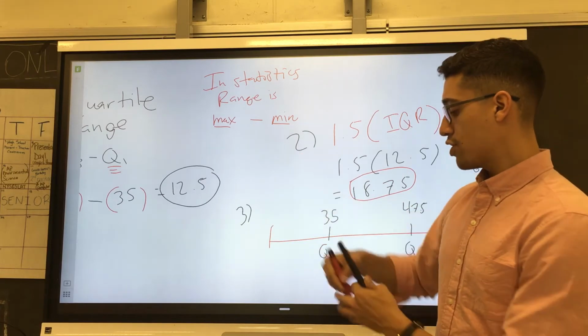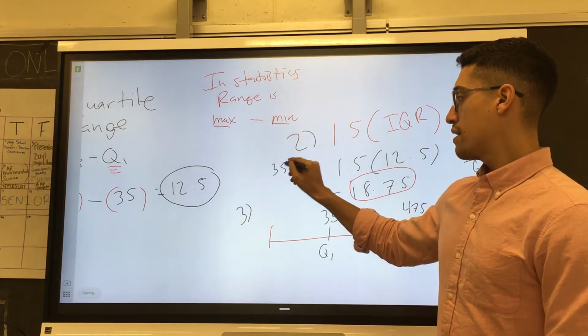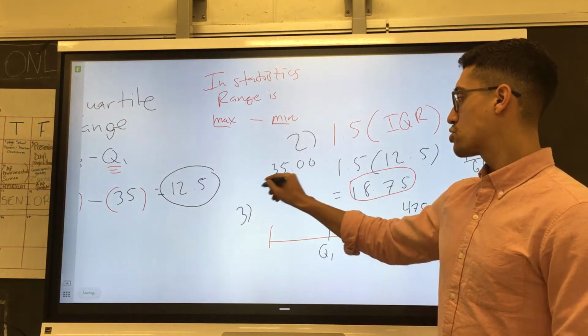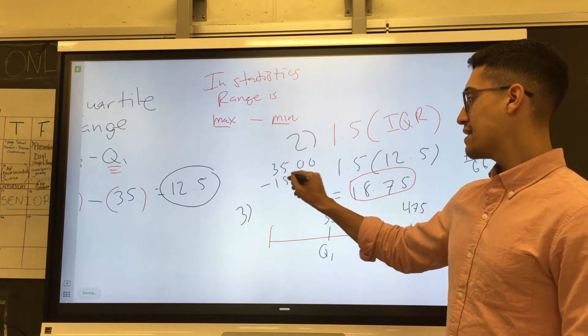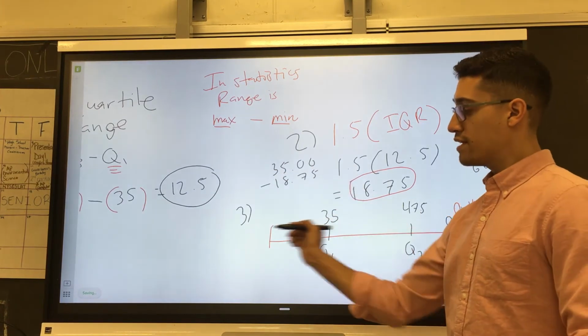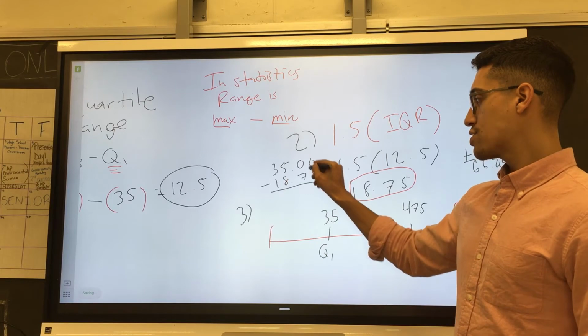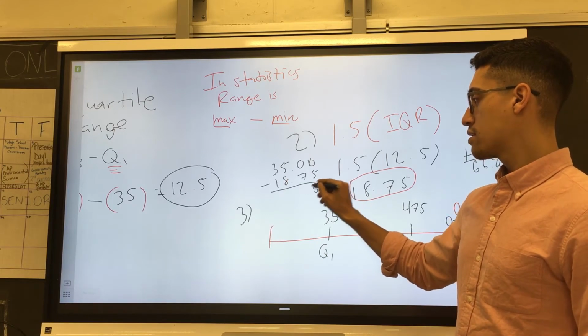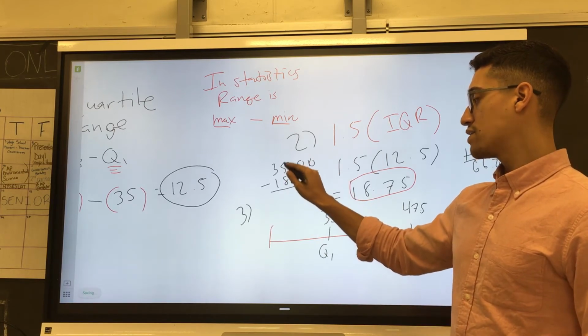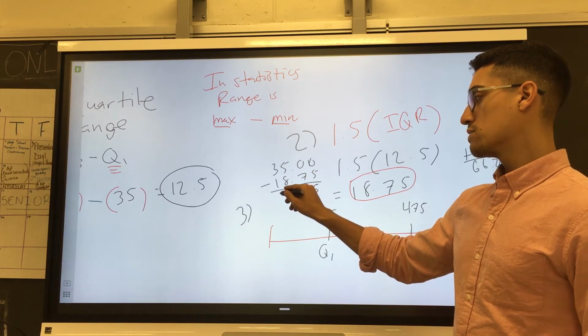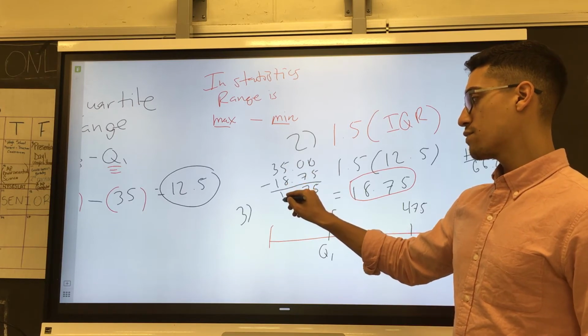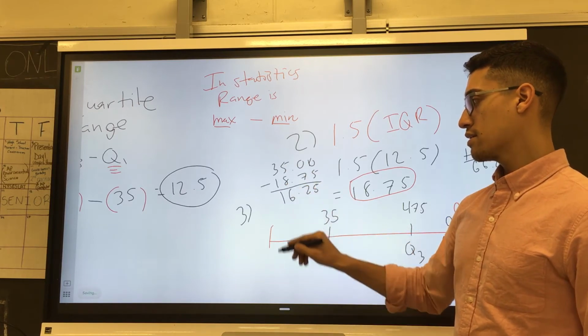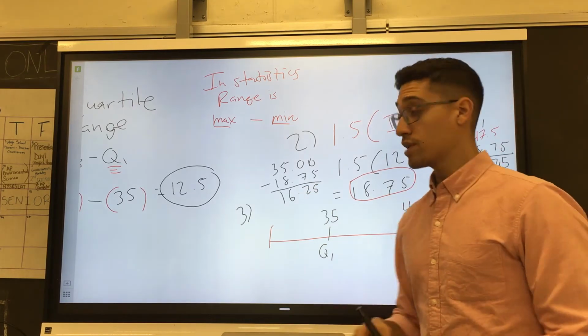So let me take 35 and let me subtract 18.75 because I'm going this way now, okay? So that should give me 25, and this would be like 16. Guys, I hope I'm right. If I'm wrong, it is what it is.